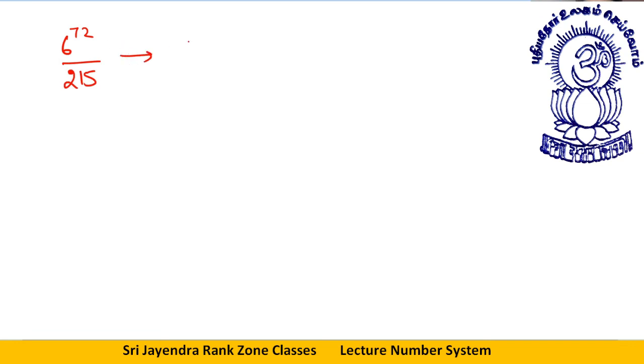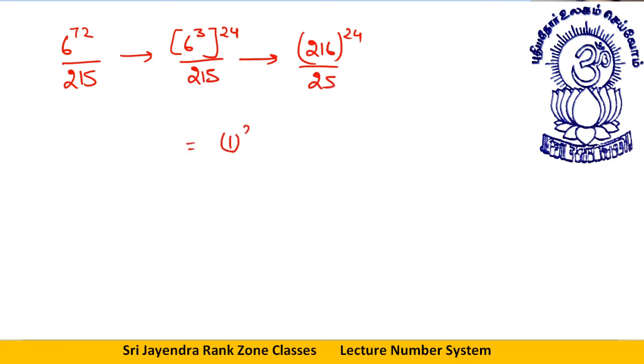A pure logic is that 6 cube is actually 216. I can write it like this. So it becomes 216 raised to the power 24 divided by 25, or I can say 1 raised to the power 24 divided by any number. So that way the remainder comes out to be 1.